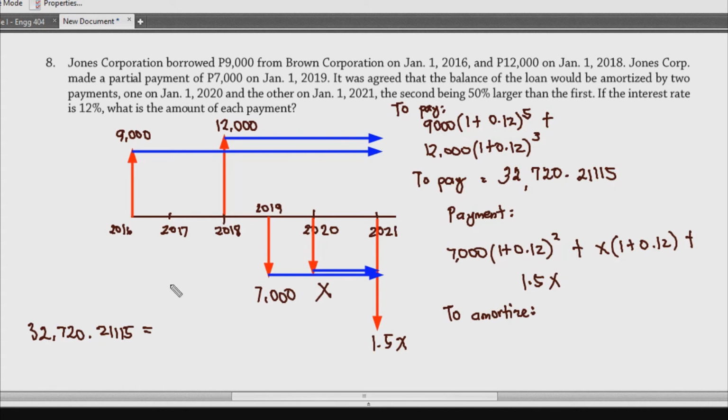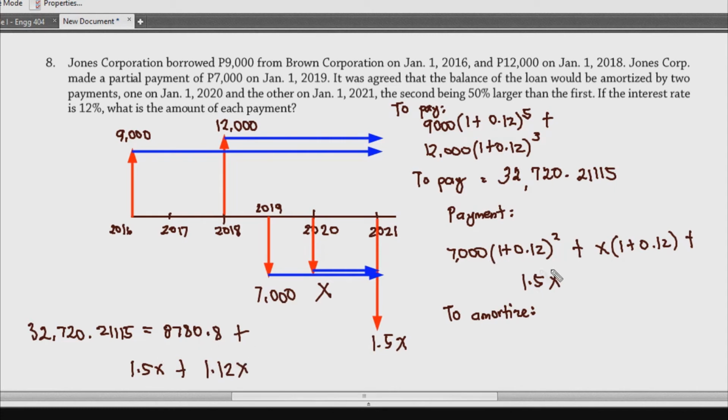So that is, now the 7,000, bringing this to 2021 would give you a value of 8,780.8. So 8,780.8. And then you add these two, so we have 1.5x plus 1.12x. So that will be our value for x.